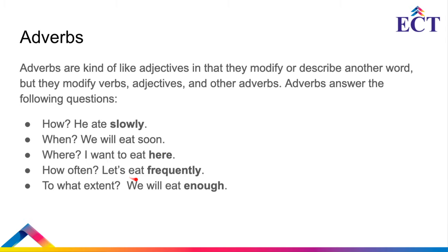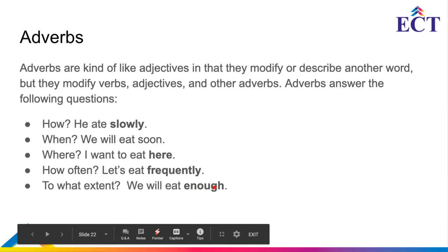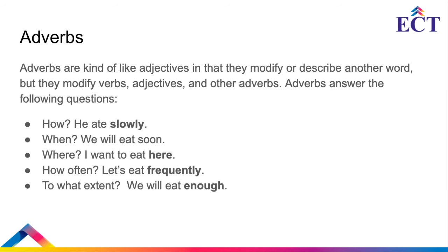How often: let's eat frequently. And to what extent: we will eat enough. So enough becomes an adverb. Again, an adverb is something that modifies adjectives, verbs, and adverbs. Remember that.